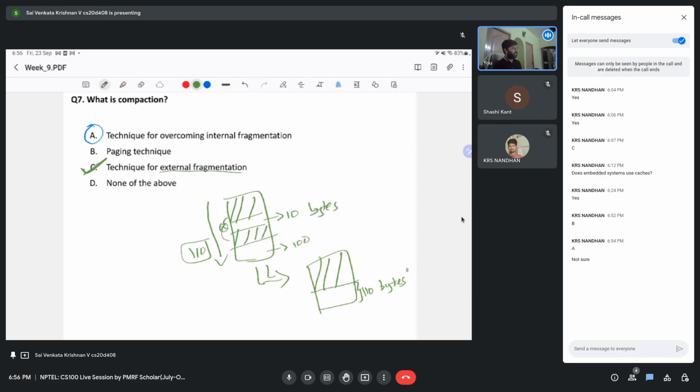Compaction is not done for every memory request.